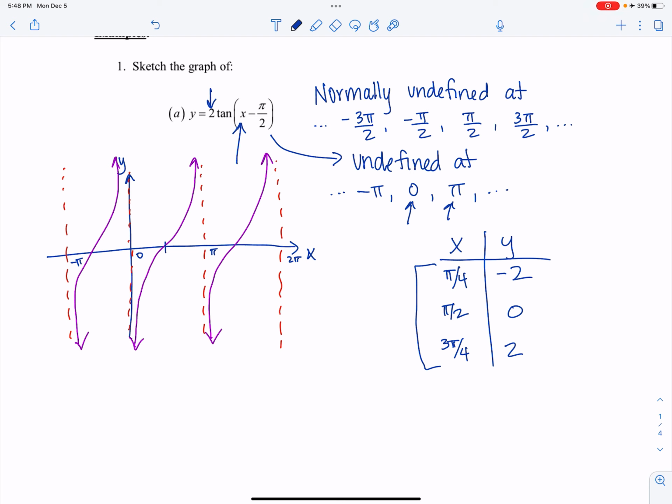And we can see pi over 4, a negative value, 3 pi over 4, a positive value. So it's all working out really well. One thing I suggest is after you make your sketch, to graph it in your graphing calculator to double check that you're going at it the right way.